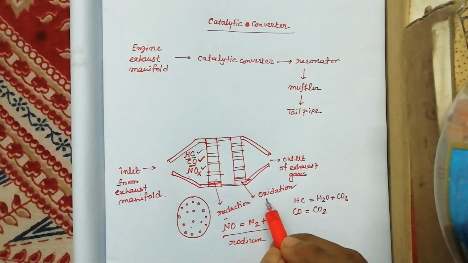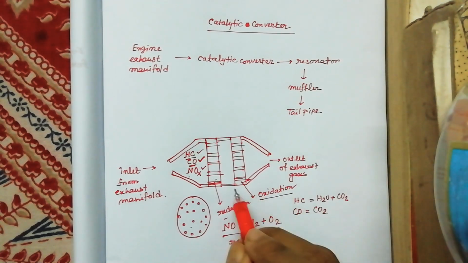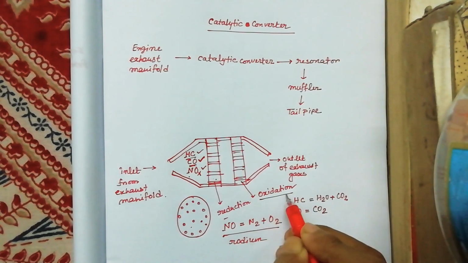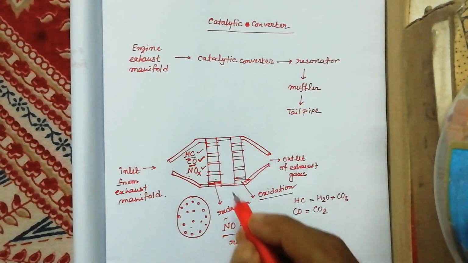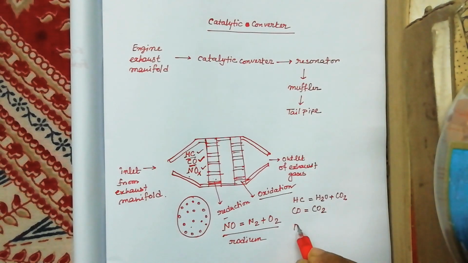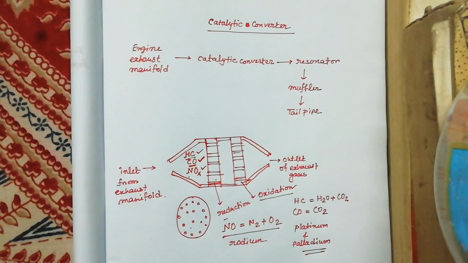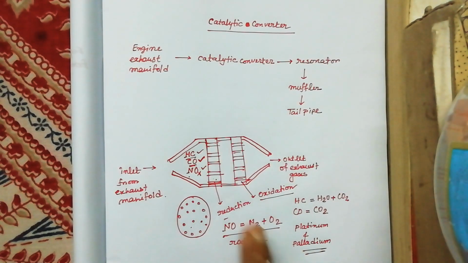So in the oxidation process we are adding oxygen. The main catalysts used here are platinum and palladium.